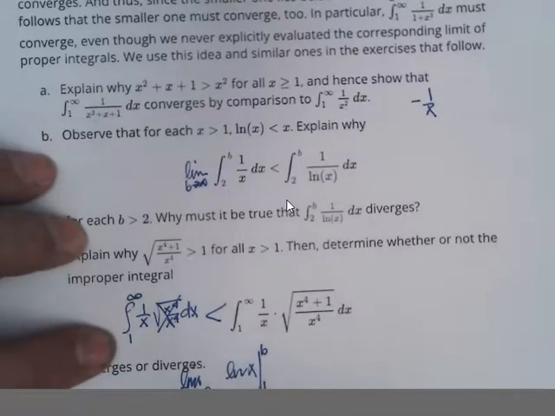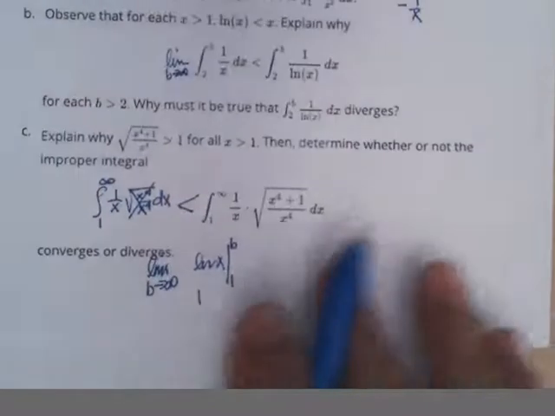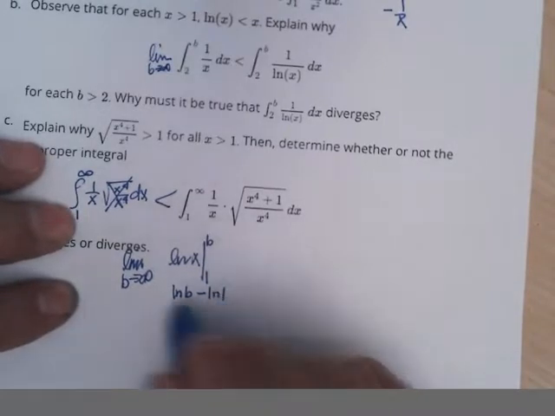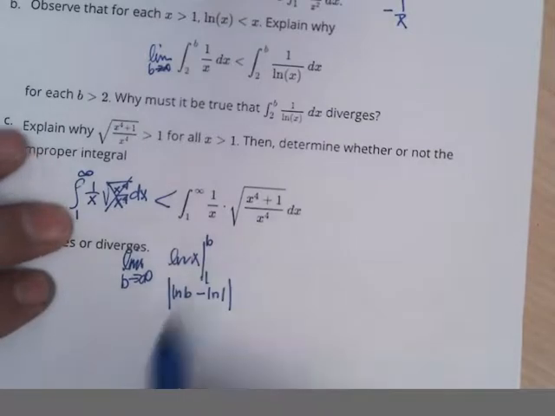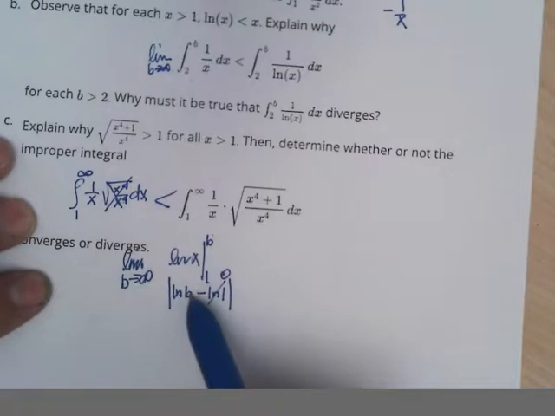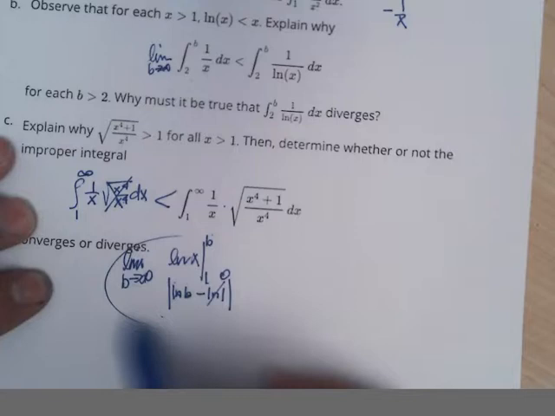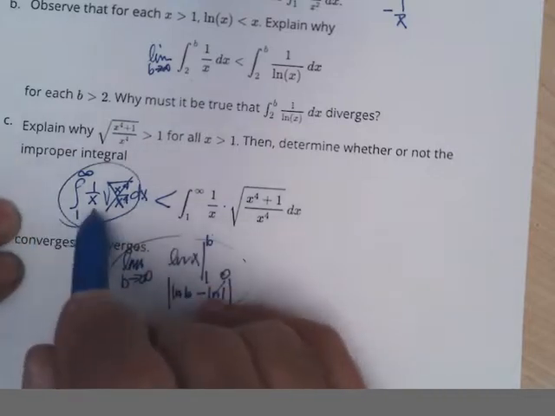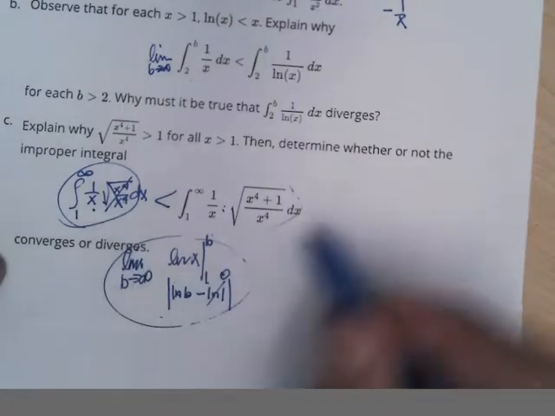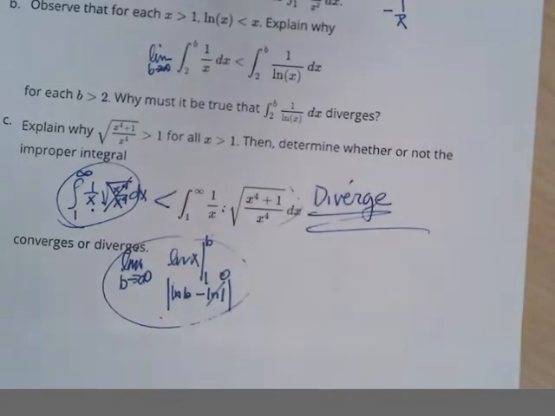So we'd have ln of b minus ln of 1 when we put the limits into that, and ln of 1 is 0, but with b going to infinity, ln goes to infinity, so this would diverge. This one diverges, and this one's always bigger than that, so it must diverge. Okay?